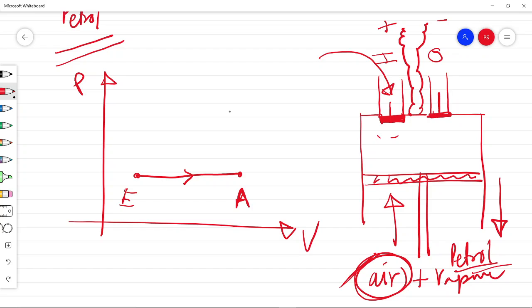So the mixture present inside is compressed. Not only that, here we assume that the walls of the cylinder as well as the piston material are completely non-conducting. So neither the heat can go outside this system nor it can enter into the system.